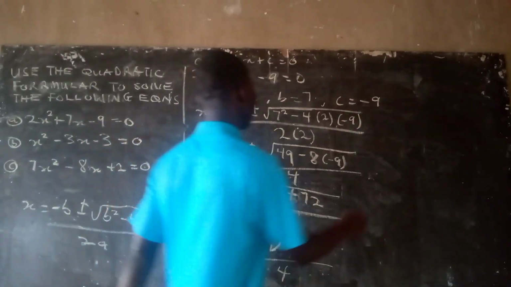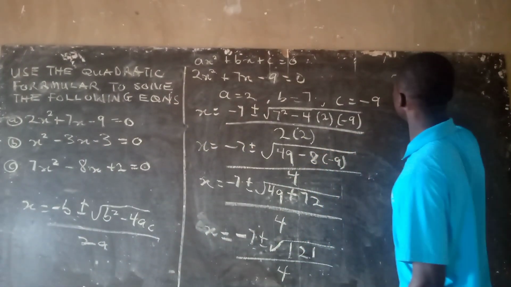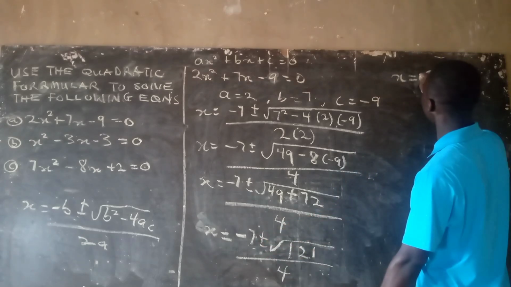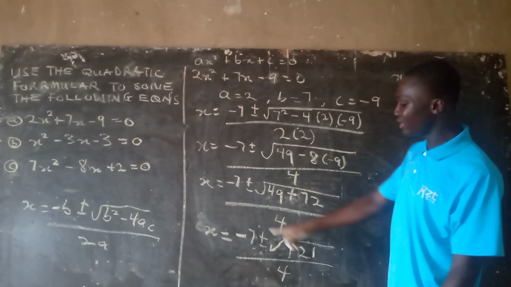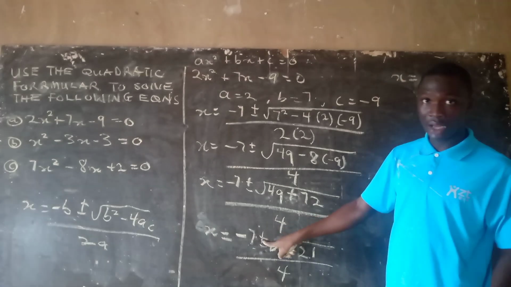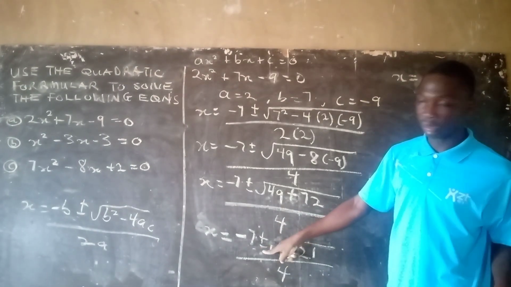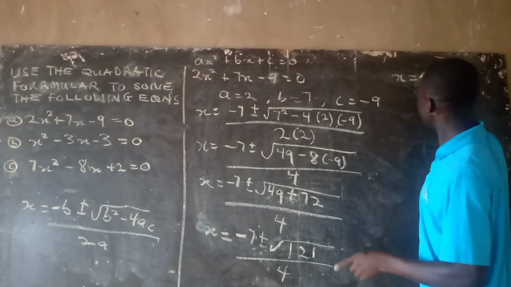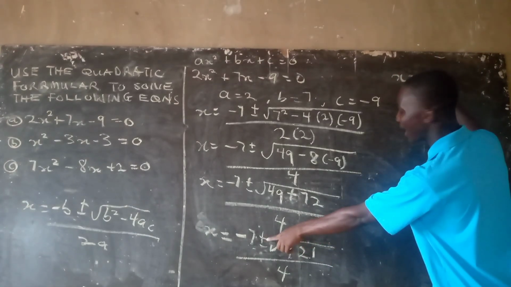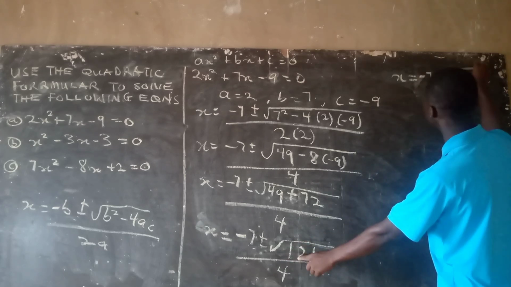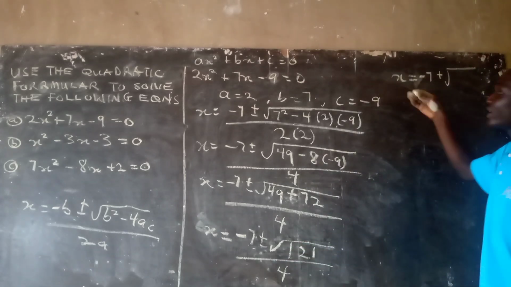So now you have x is equal to negative 7. What this means is that we can write this equation and make here plus in one of them and make here minus in one of them. So you have x is equal to negative 7 plus the square root of 121, and the square root of 121 is 11.